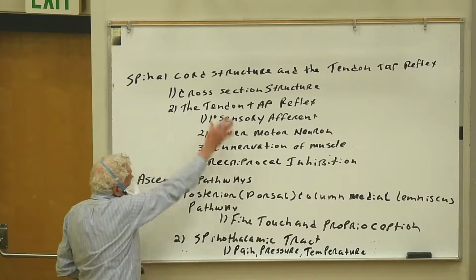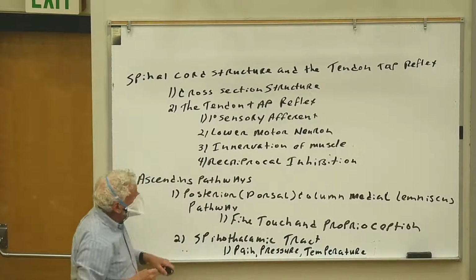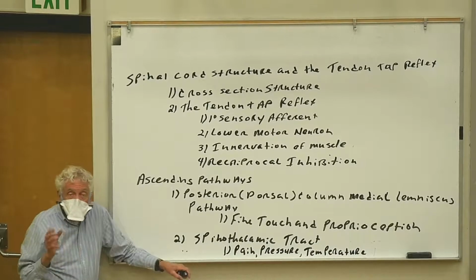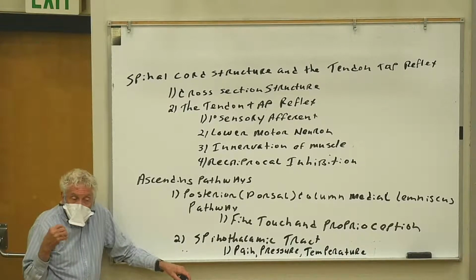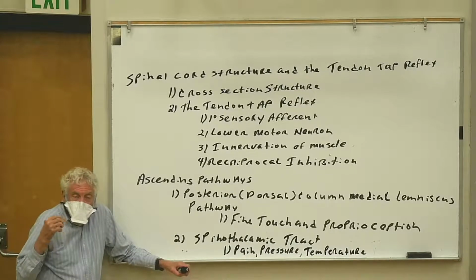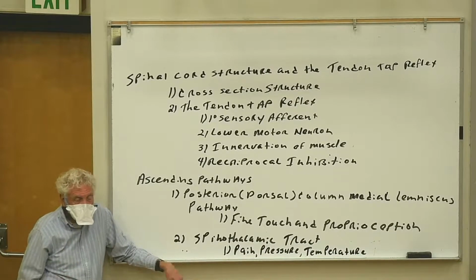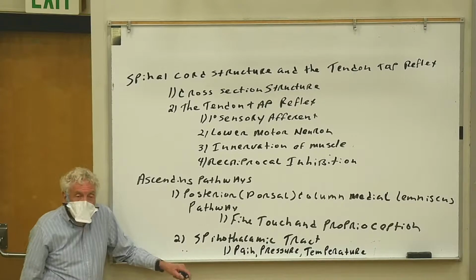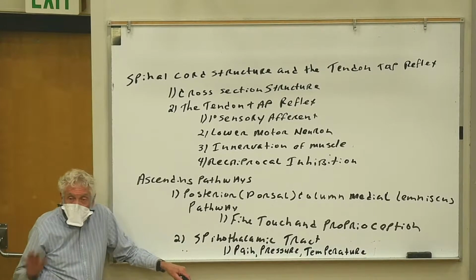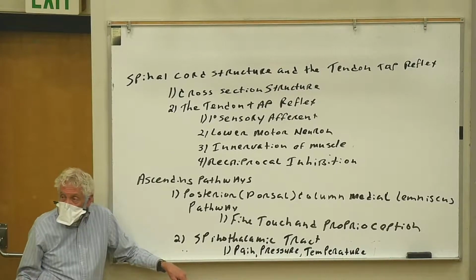There's an additional idea I want to layer in on top of this, known as reciprocal inhibition. Reciprocal inhibition tells us that when we activate the extensor, which is the quadriceps in the lower limb, simultaneously we inhibit the flexor, which is the hamstring muscle.